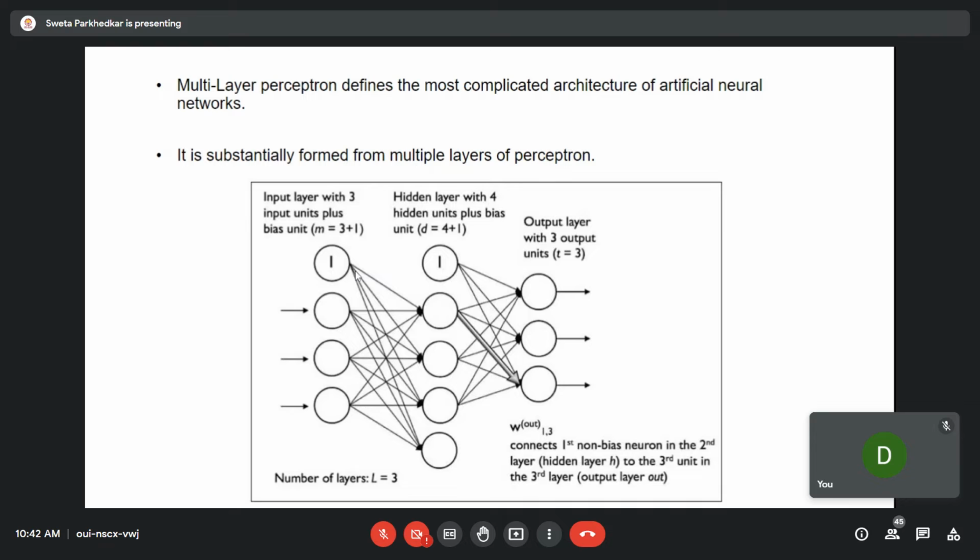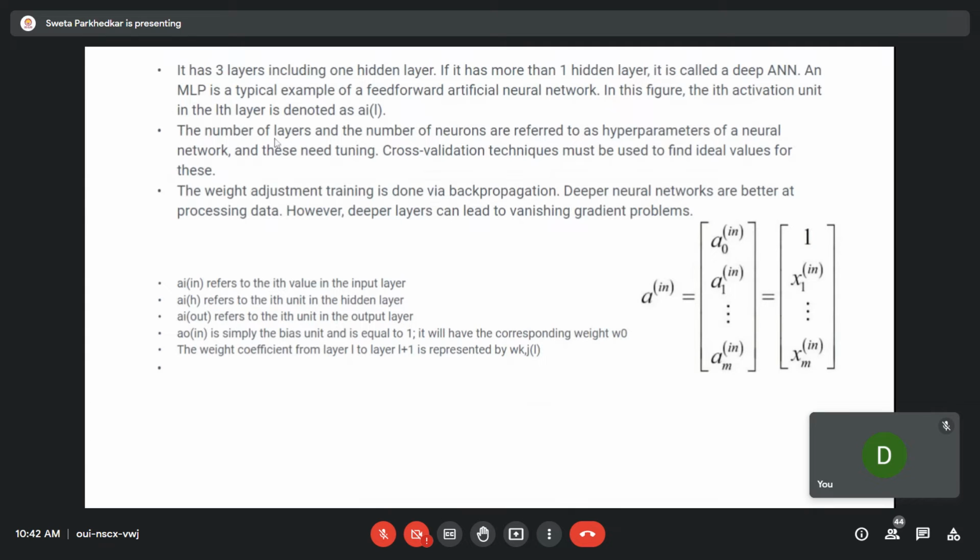Look, this is the first non-biased neuron, and in the second layer, it is connected to the third unit of the output layer. Okay. So this bias is connected to the second hidden layer and then it is connected to the third output layer. So the number of layers and the number of neurons are referred to as hyperparameters.